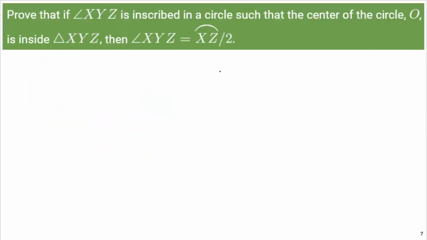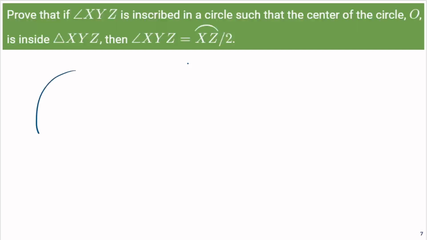Can you prove that if angle XYZ is inscribed in a circle such that the center of the circle O is inside triangle XYZ, then angle XYZ equals half of the arc XZ. Of course, XZ here is in degree measurement, not the length of XZ, but this is a corresponding degree measurement of the central angle.